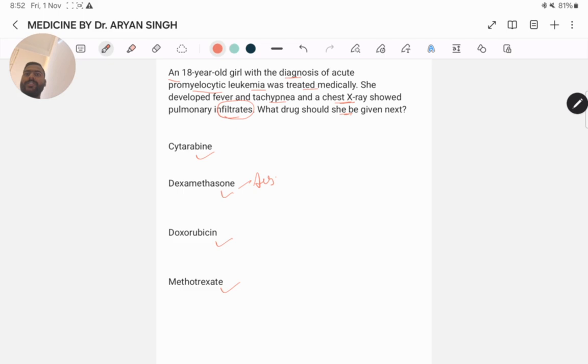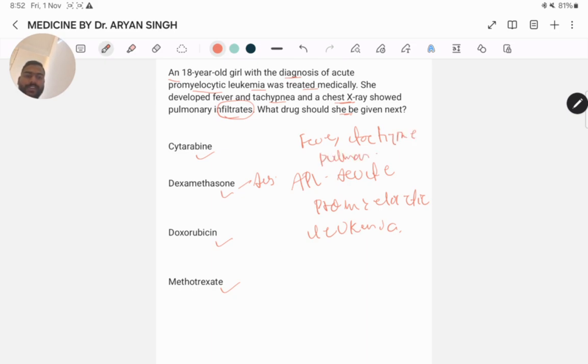Why dexamethasone? Because the clinical scenario describes a patient with APL, acute promyelocytic leukemia, developing fever, tachypnea, and pulmonary infiltrates while on medical treatment.